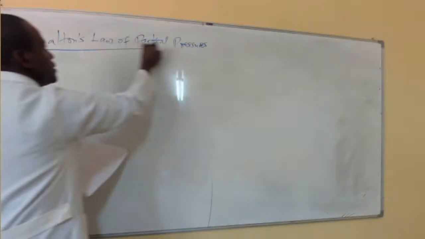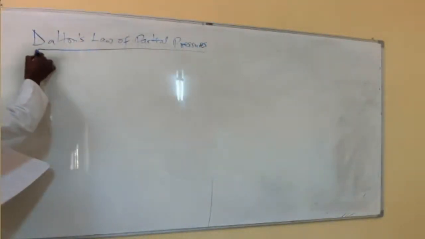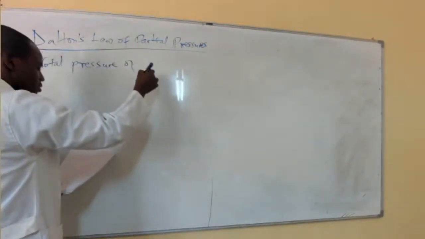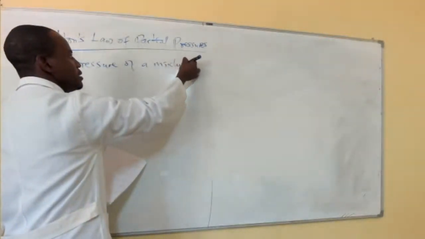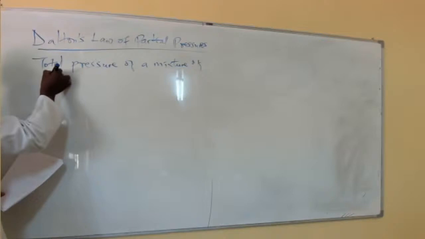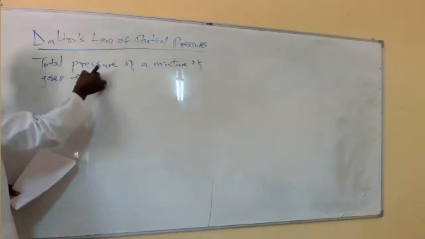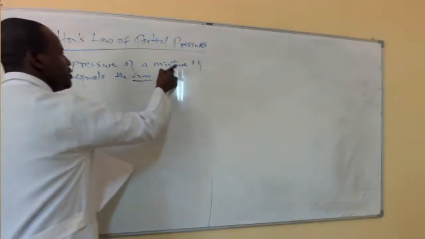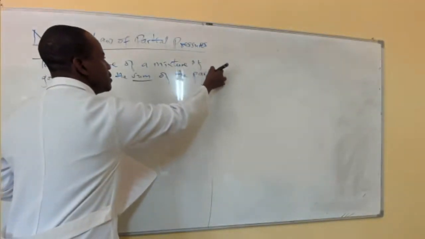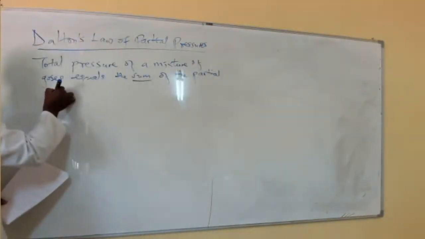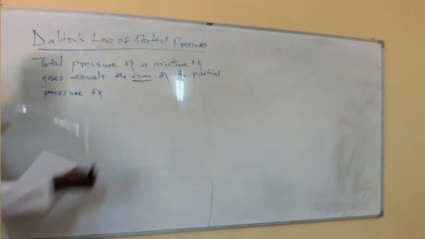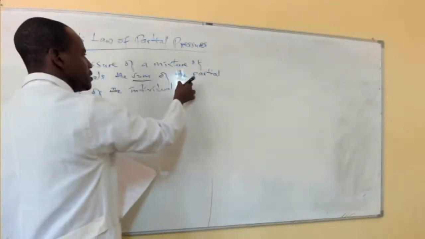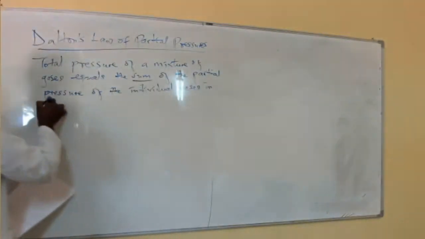This law basically says the total pressure of a mixture of gases equals the sum of the partial pressures of the individual gases in a mixture. That is in a mixture.